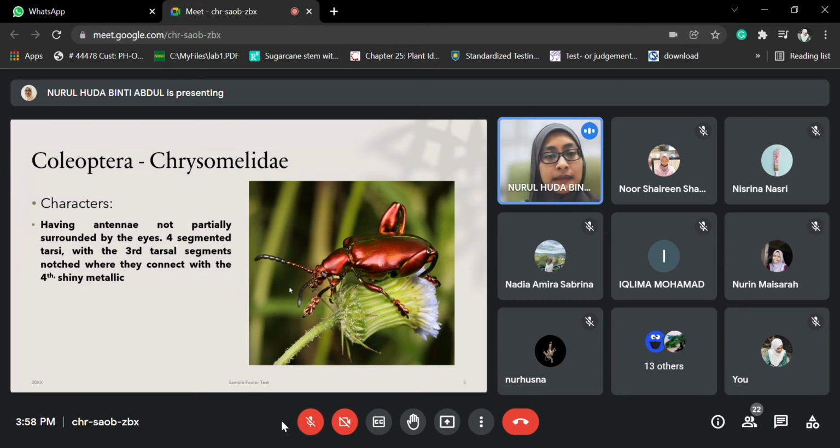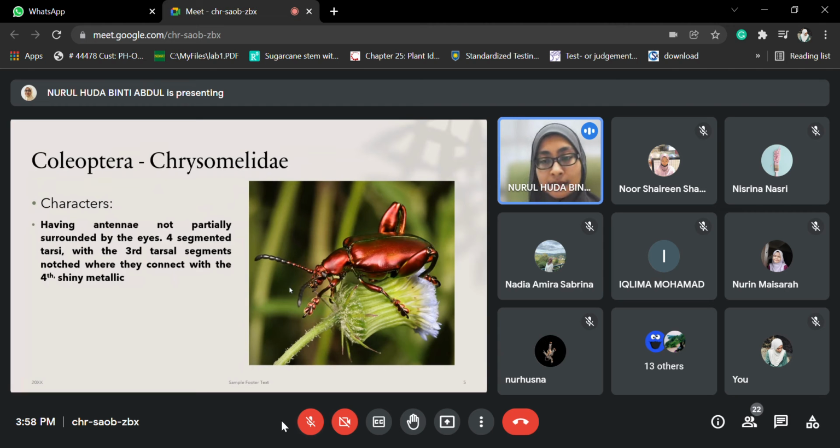But here in chrysomelid, you can say that dia punya eyes is not partially surrounding the antenna. So antenna dia tu bukan duduk tercover dalam bentuk C.